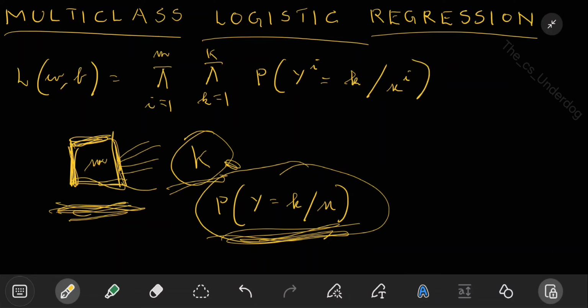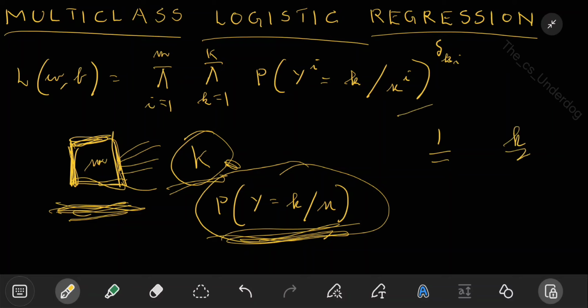And one more thing is, here you took the probability of yi, that is the ith input belonging to the kth class given xi. xi is the ith input. Here, one thing you have to notice, you have to put this delta ki. What is this delta ki? This delta ki will be the value 1 if this ith training example belongs to the kth class.